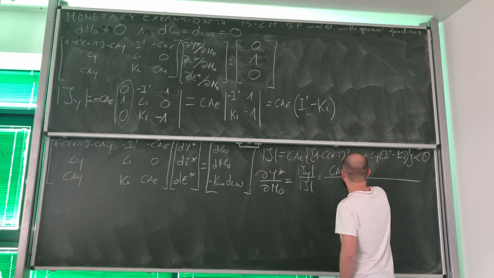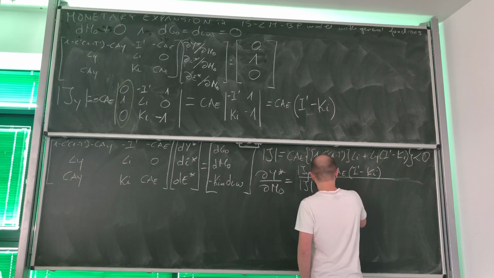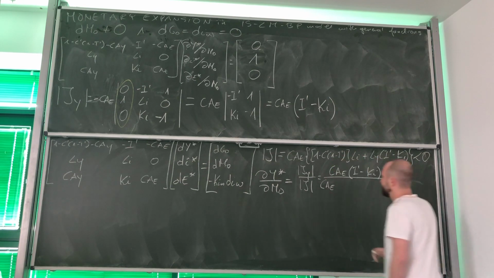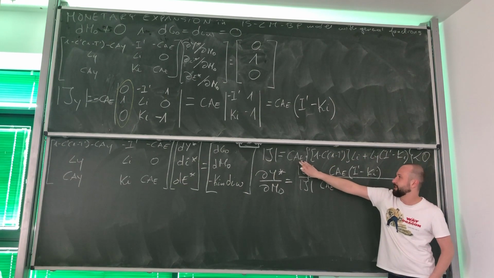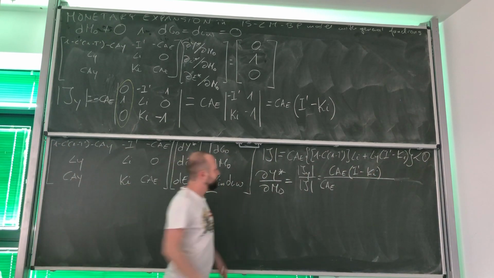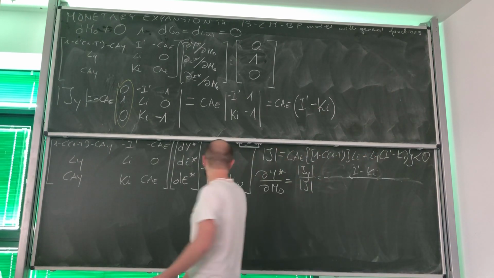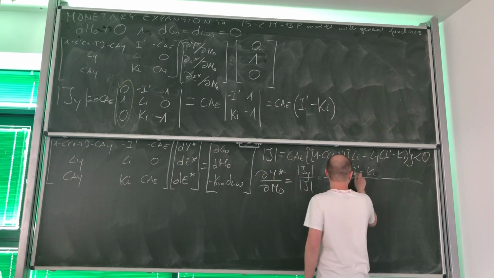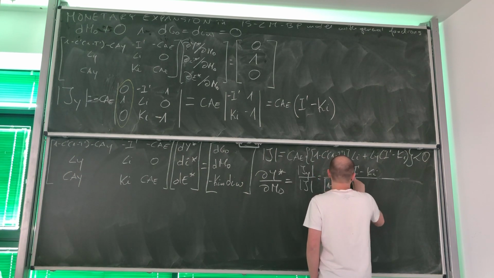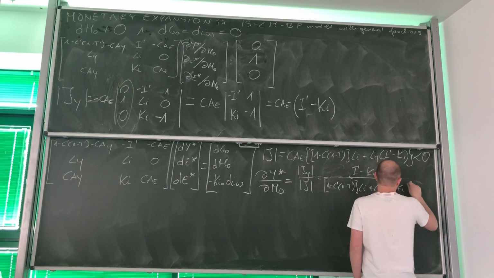On the top we got CAE, I prime minus KI, and on the bottom CAE, because we just substitute the Jacobian. And look, Jacobian has at the beginning CAE, so we can just get rid of this, because they're going to cancel each other out. And as a result, over here, we've got 1 minus C prime, 1 minus T prime, Li plus Ly, I prime minus KI.